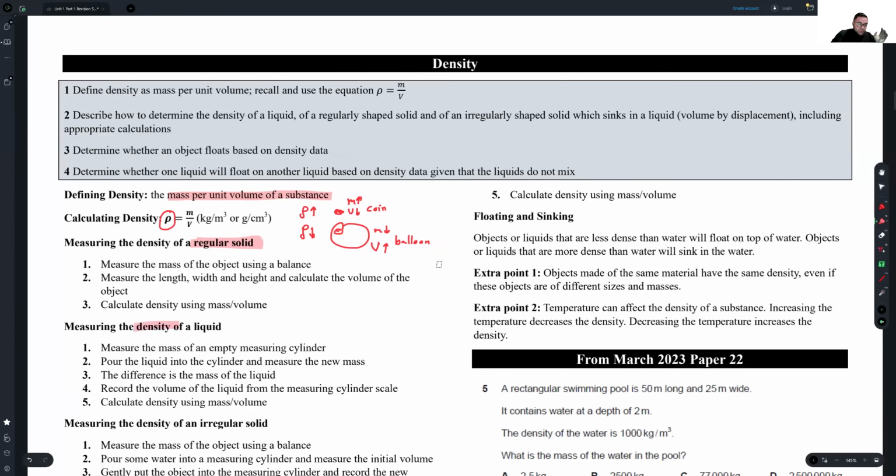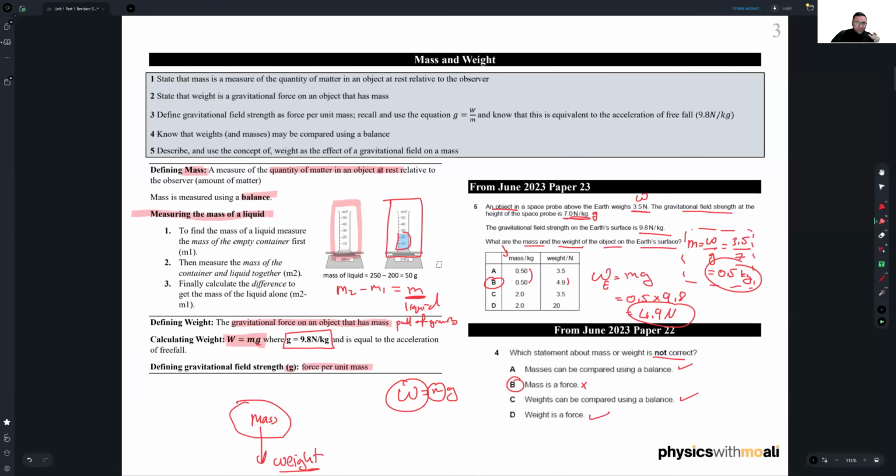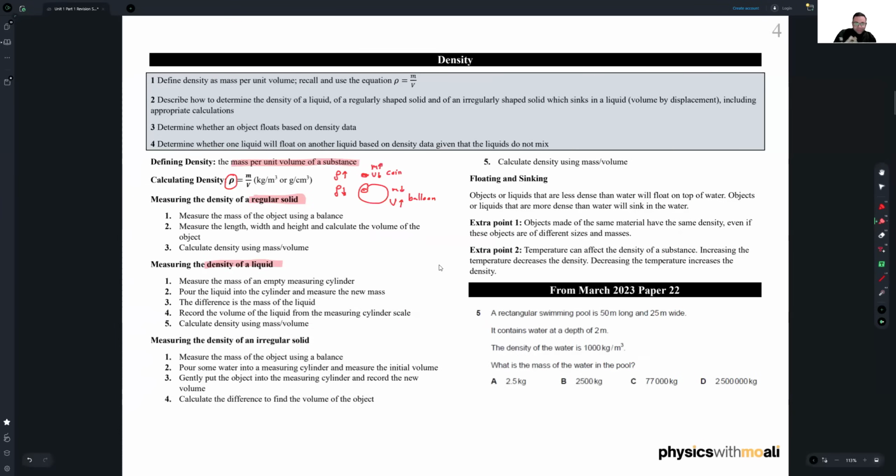If it's a liquid, then you need a measuring cylinder for the volume. But to get the mass, you need to use that old technique: get the mass of the empty container and the full container, and get the difference. So this isn't really a question about density. It's using your old knowledge of measurements.